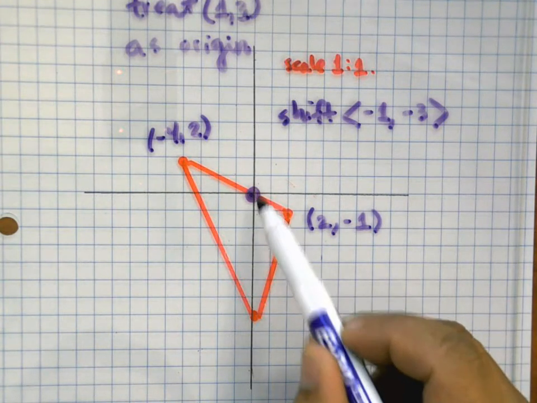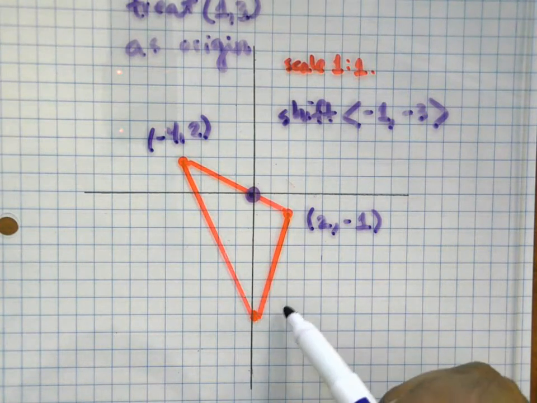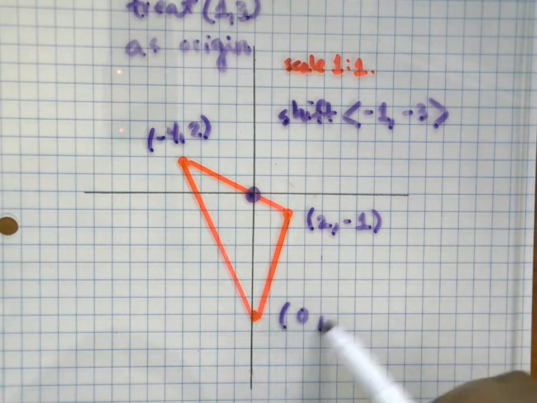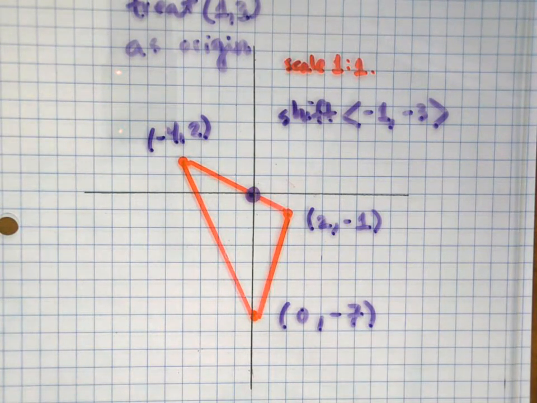And this point here is at 0, 1, 2, 3, 4, 5, 6, 7. So (0, -7). Okay, so I'm going to kind of show you here what I've done on my paper.